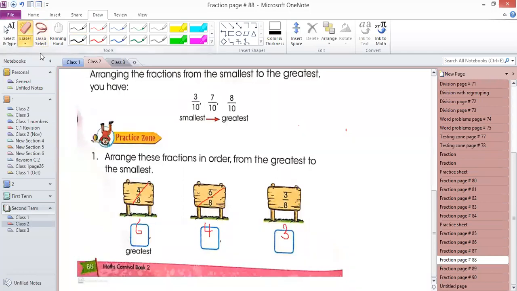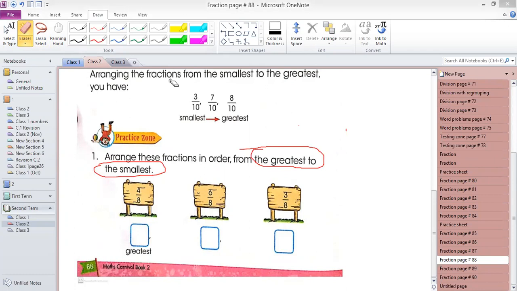Now what we have to do, guys, is arrange these fractions from greatest to smallest. The fractions are 4/8, 6/8 and 3/8. So answer me in the chat box, guys, which is the correct sequence.